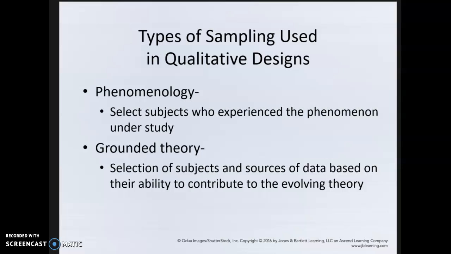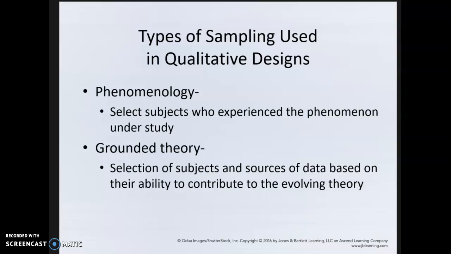When we're defining the different types of sampling in qualitative design, we're looking at selecting subjects who experience a phenomenon, and that's phenomenology. I'm stumbling over my words, but we're looking at a particular experience.